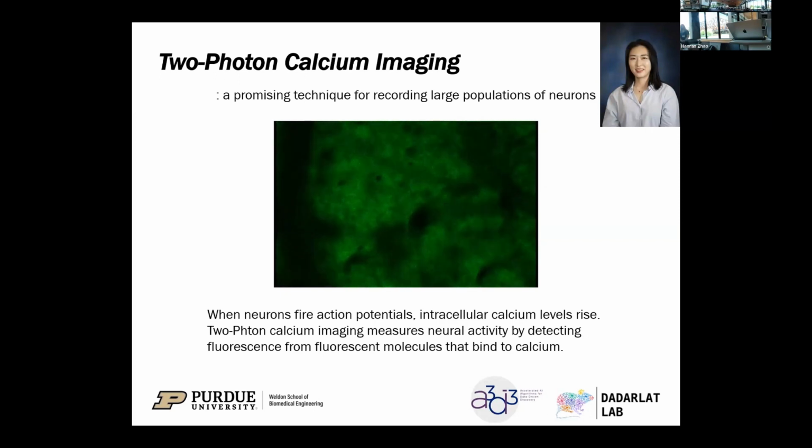So Megan briefly introduced this before, but when neurons fire action potentials, there is an increase in calcium concentration in the brain, and two-photon calcium imaging measures neural activity indirectly by measuring those calcium concentration changes.